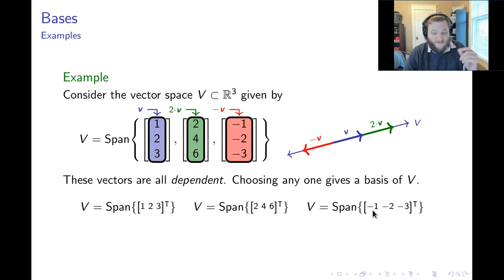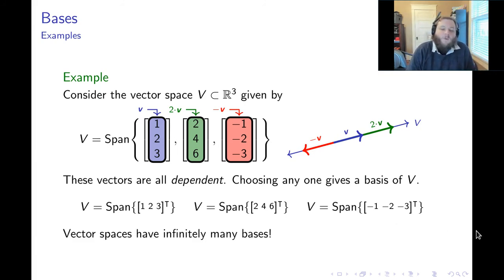And that's the same as the span of this third vector, again, because this third vector is a multiple of the first vector. So this is our first example of a basis. This V is defined as the span of this list of 3 vectors, but we didn't need all 3 vectors to define V. We only needed one of the 3.